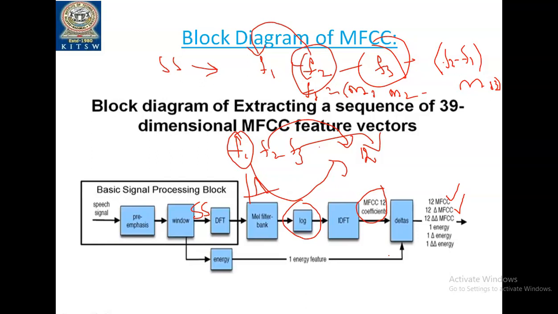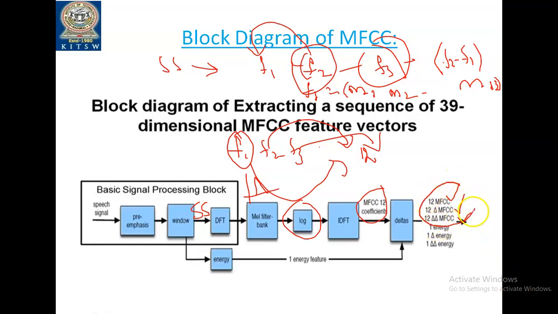How fast the formant is varying is nothing but acceleration, that is double delta. So delta is velocity, how the formant is varying, and again we take the 12 delta MFCC coefficients, and how fast the formant is varying is double delta. We take the difference of differences, again 12 delta MFCC.